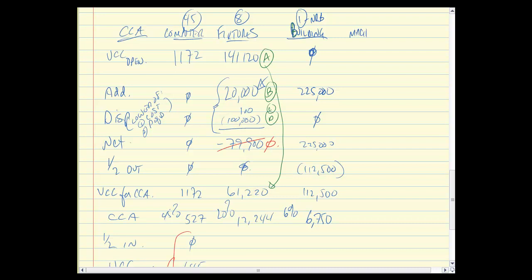We'll do one more of those for good measure. The machine is going to go to class 29, which is manufacturing, and it's the straight line. You get 50%. So additions are 250, 125.